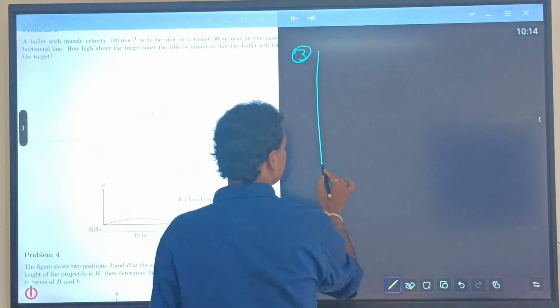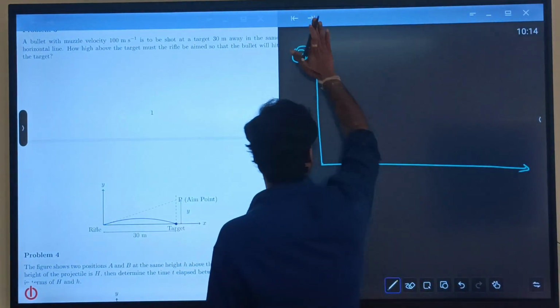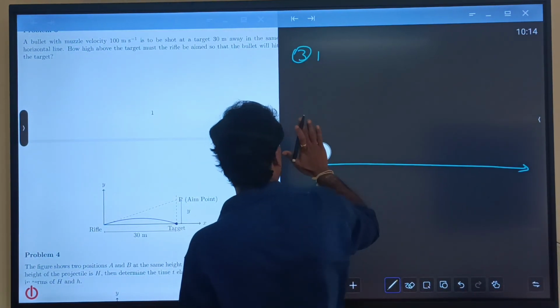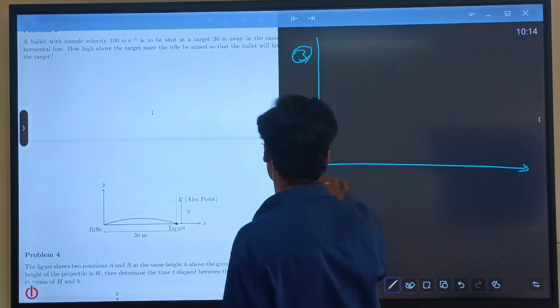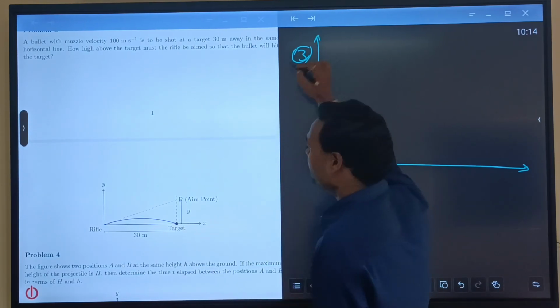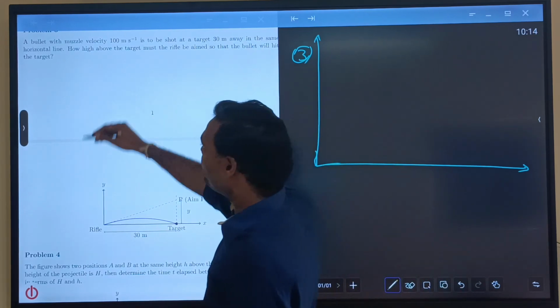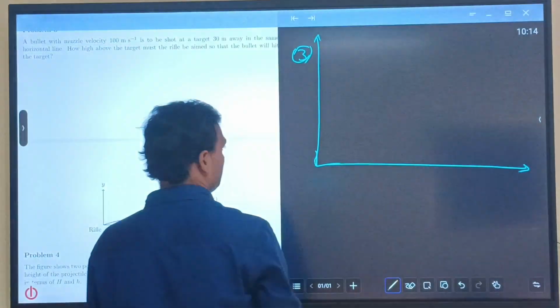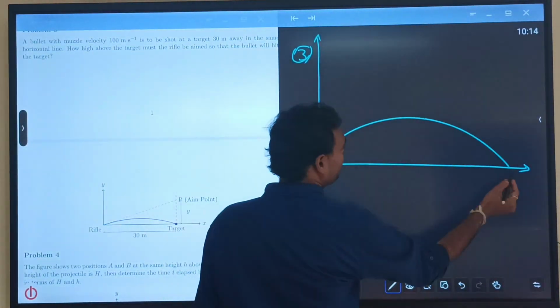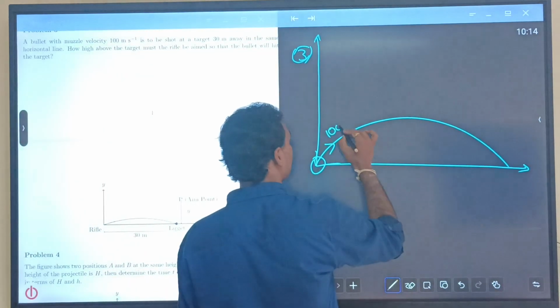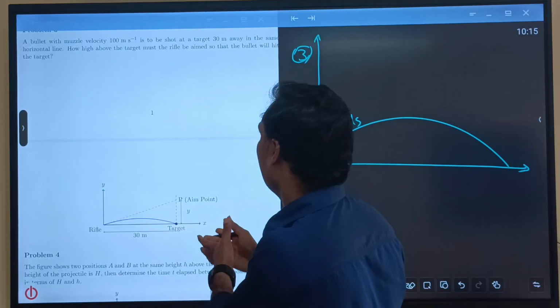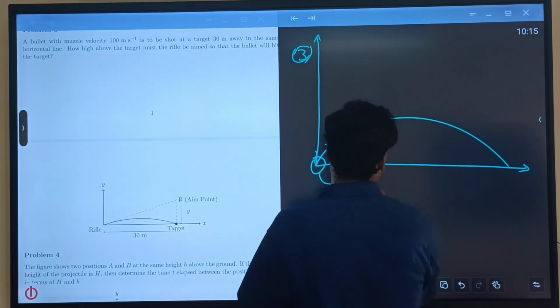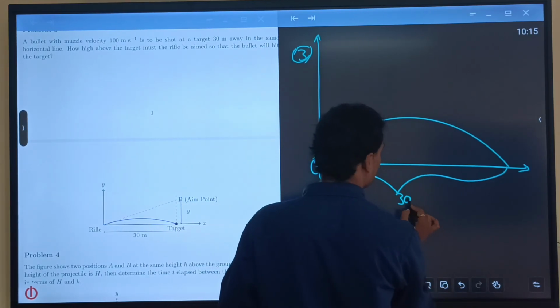Now the question is, suppose according to the given diagram, they are representing like this, let me represent the same. Now the bullet with a muzzle velocity of 100 meter per second, that means it is having its velocity 100 meter per second at this place, is to be shot at a range of 30 meters. That means this is equal to 30 meters.